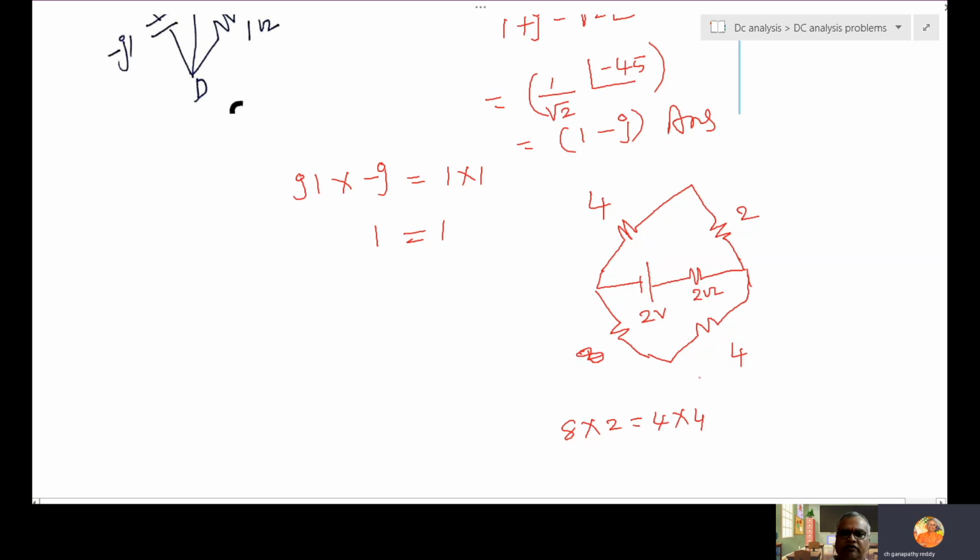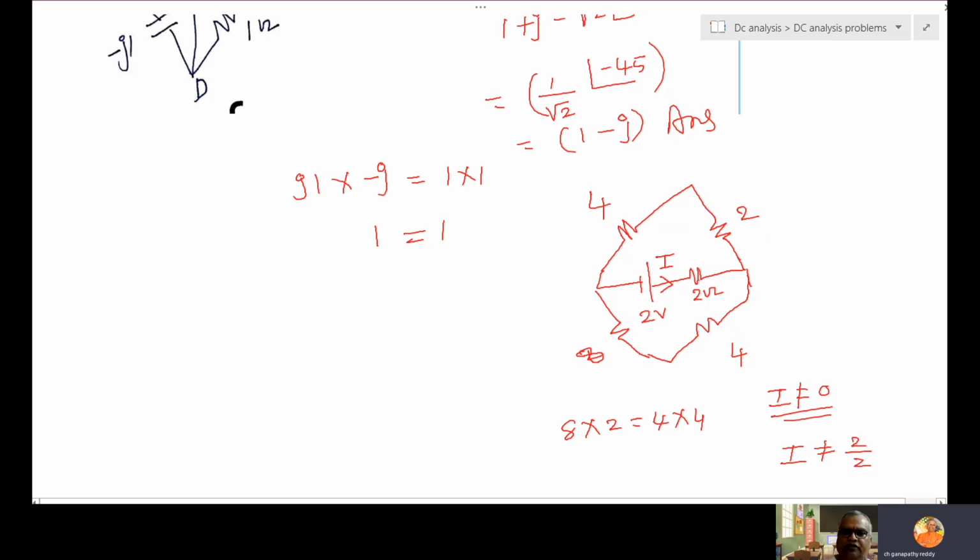So 16 equals 16. Students think that the bridge is balanced. If I ask a question, find I, they will give the answer I is equal to 0. I is not equal to 0, it is 2 by 2.